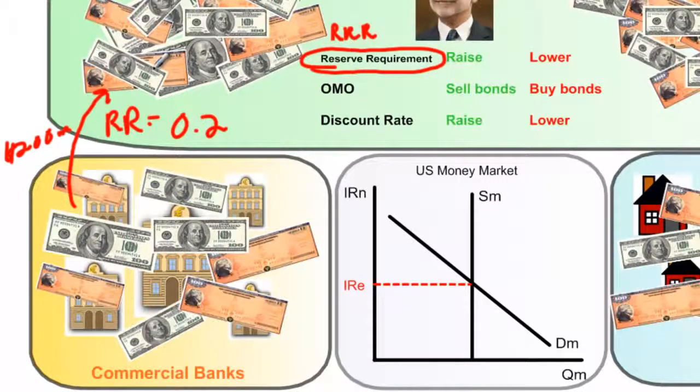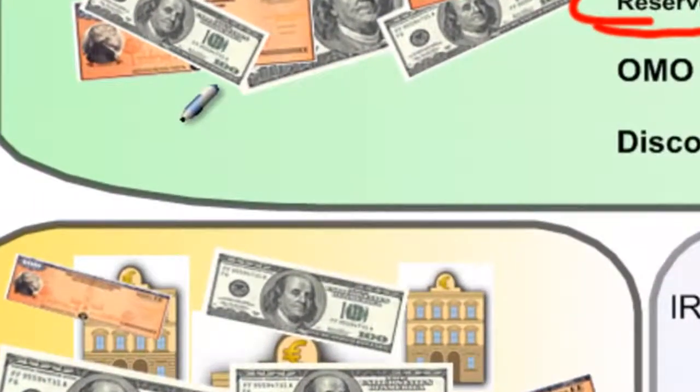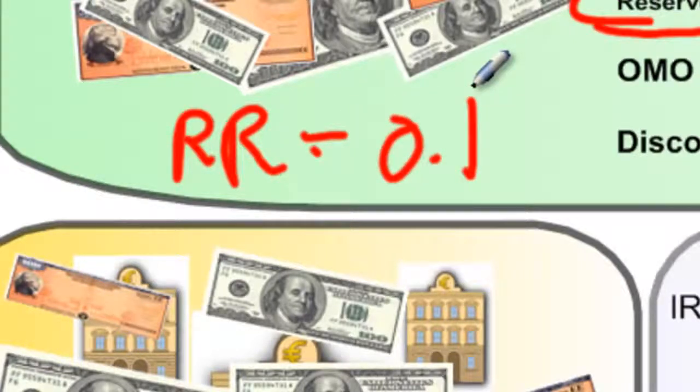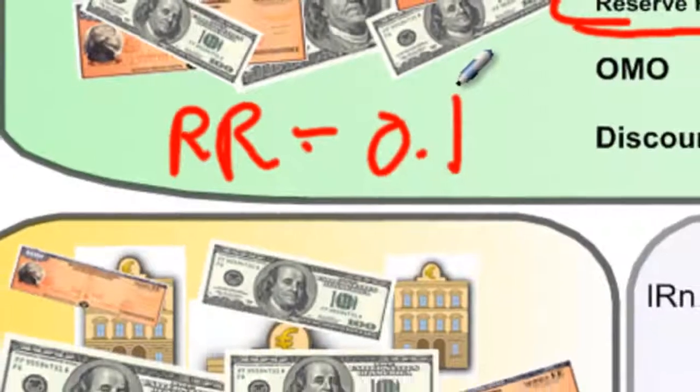So what could the Federal Reserve, what could a central bank do to the reserve requirement to increase the supply of money? This is quite simple. In fact, lowering the reserve requirement, let's say the reserve requirement falls to 0.1. Now, commercial banks must keep only 10% of total deposits at the Fed.